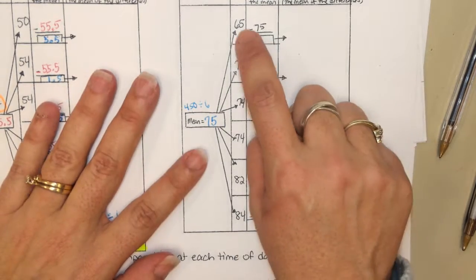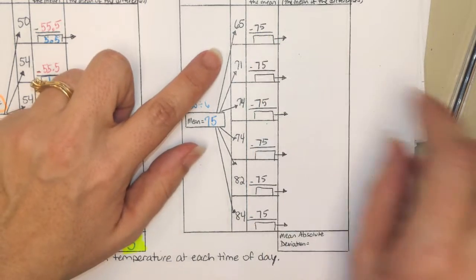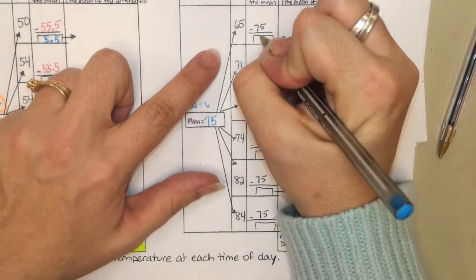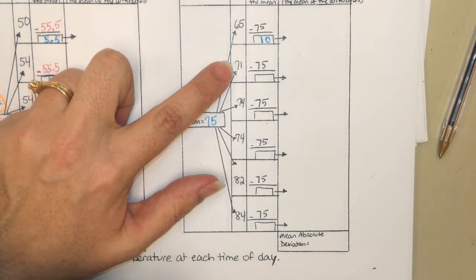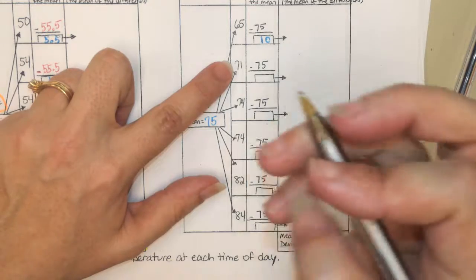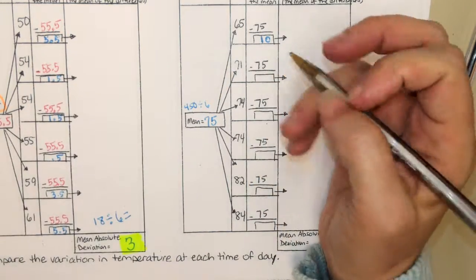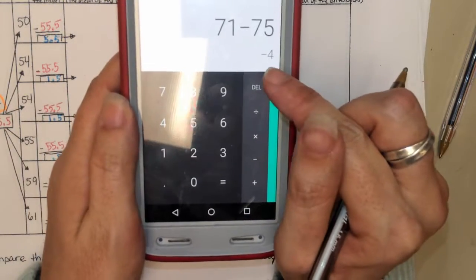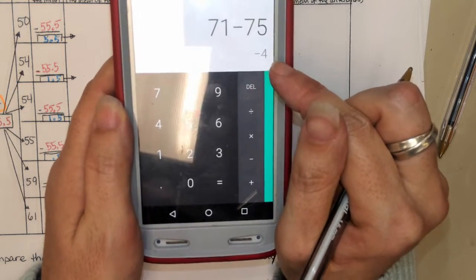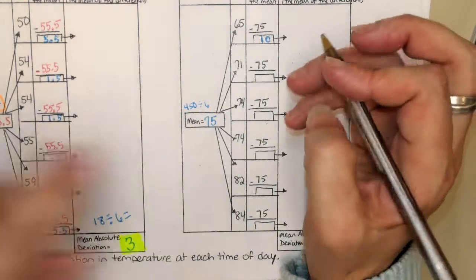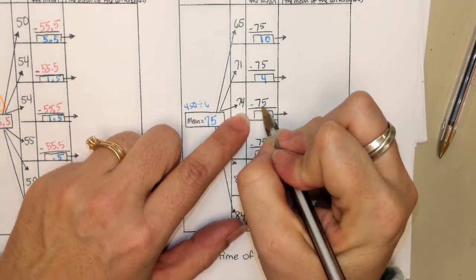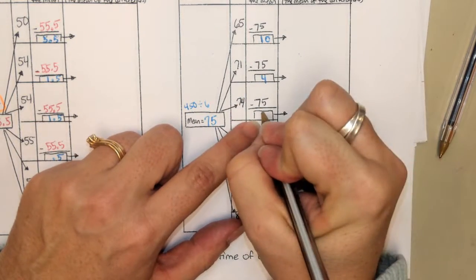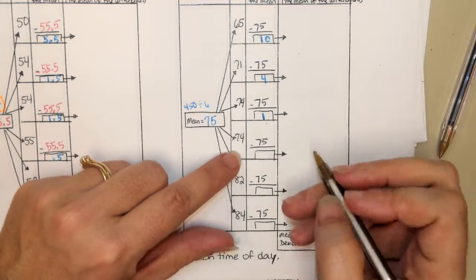Now we're going to subtract. 65 minus 75 is negative 10, which is 10. 71 minus 75 is negative 4, because my calculator says negative 4, but I'm going to change it from a negative to a positive. 74 minus 75 is negative 1, so we'll make it a 1.